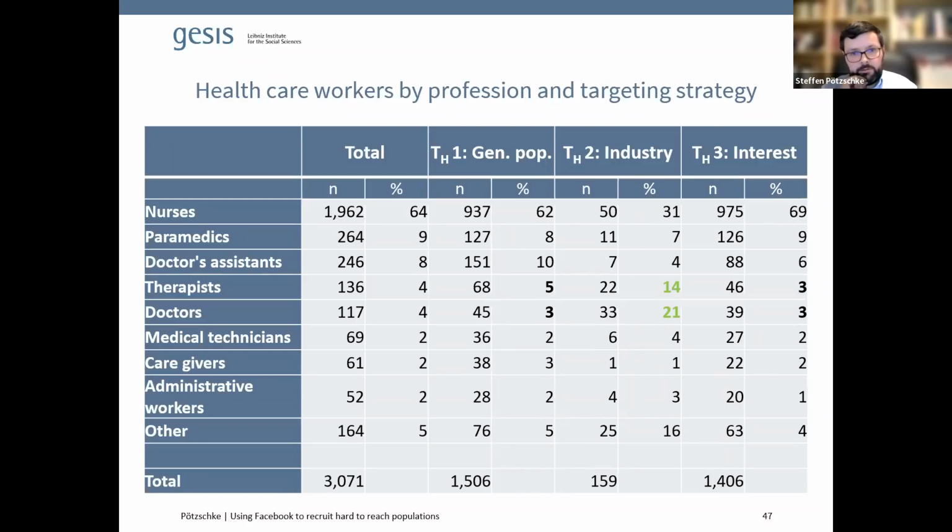So if you would be interested in those specific professionals, it might actually be worthwhile, for example, to invest more of your budget in such a strategy.